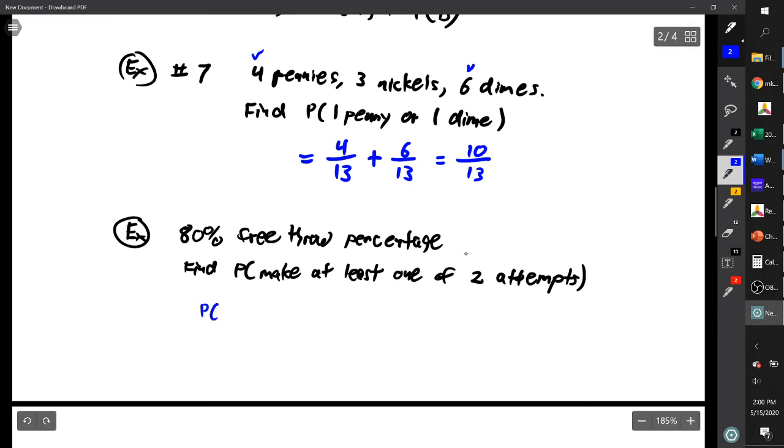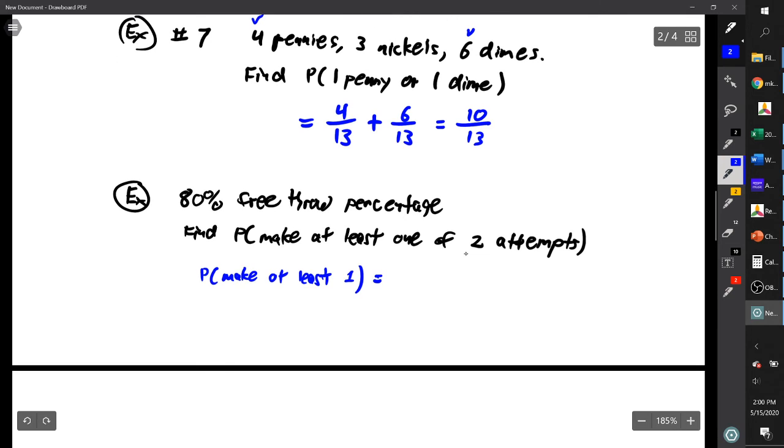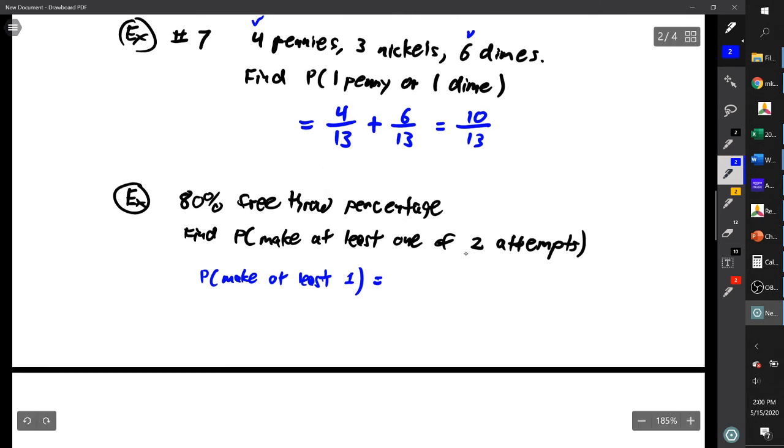So let's say P of make at least one would equal, I'm going to do some words here so you can see what's going on.